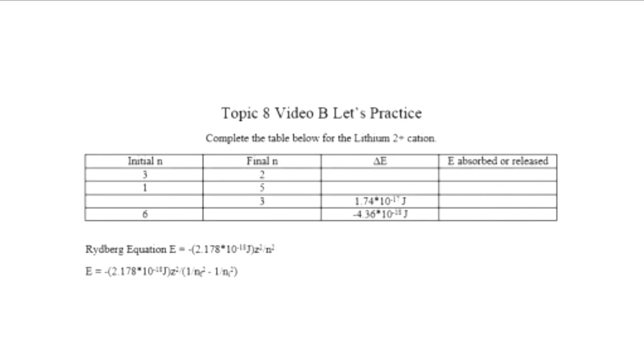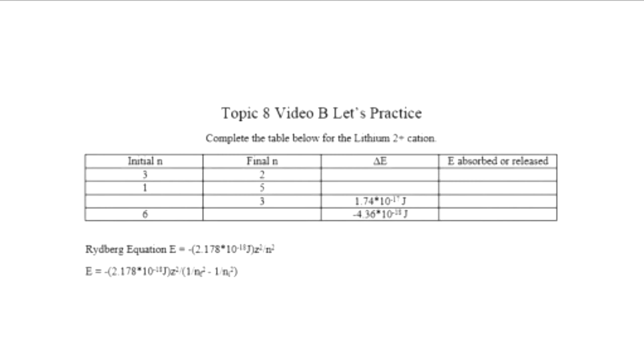And we know that in topic 8, we use the Rydberg equation, which is E equals negative 2.178 times 10 to the negative 18 joules times Z squared over n squared, where Z is the type of atom, the number of protons, and n is the subshell.